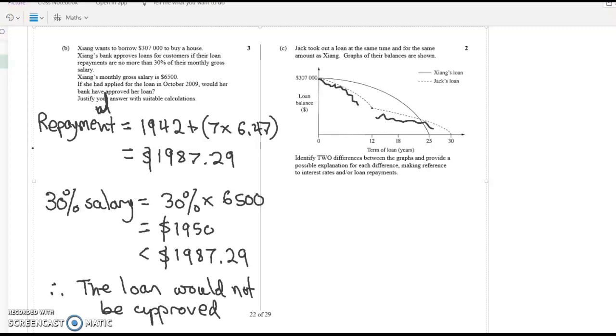Alrighty, so one difference could be that Jack's balance falls more quickly in the first 12 years than Zhang's. Okay, so Jack's balance decreases faster in the first 12 years.